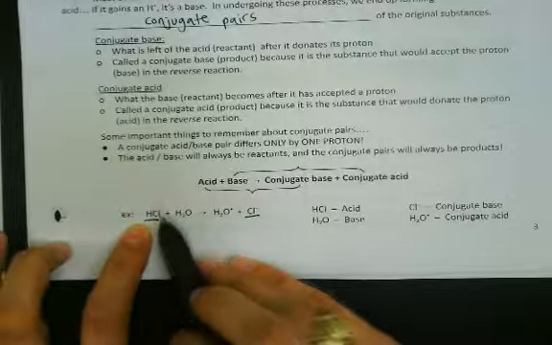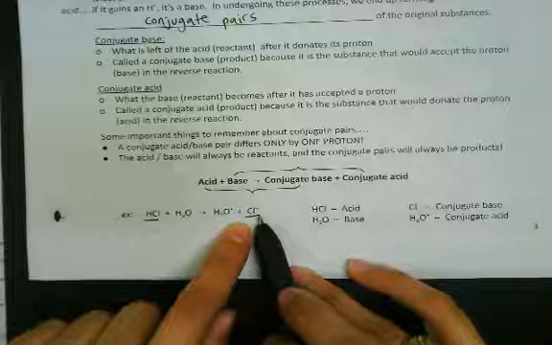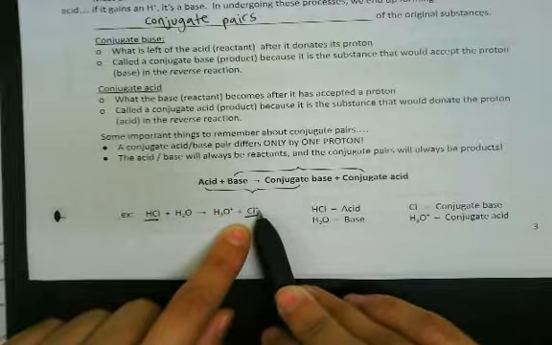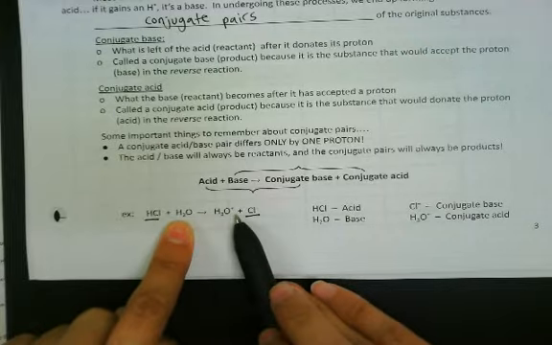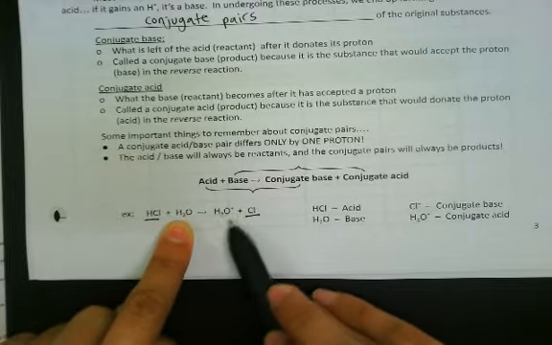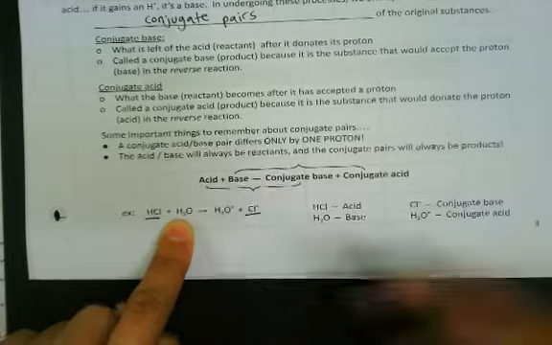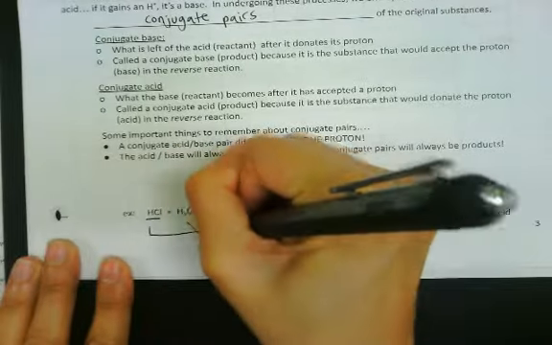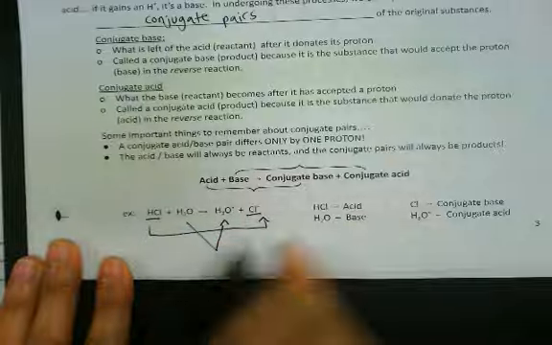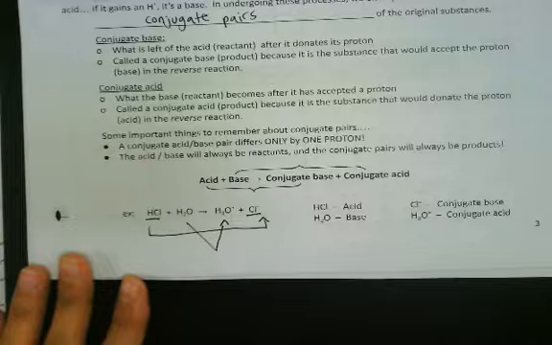So right here we have HCl, and over here we have Cl-, so a chloride ion without the hydrogen. So these two are a pair, and then I have H2O and I have H3O+, so this is a guy that got a proton. What I like to do is draw some arrows to show what's happening here.